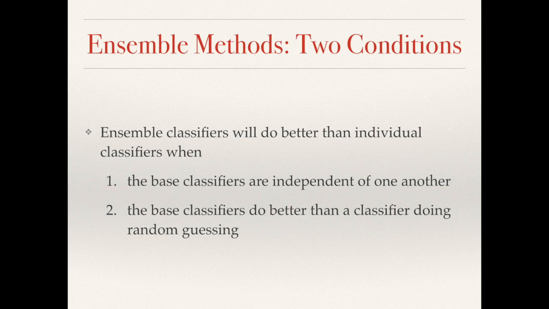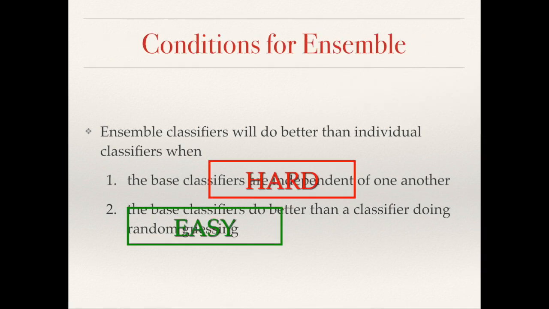So there are two requirements of the individual predictors we can use to make an ensemble or committee. That is, first, they must be predictors that provide some information about the target value, and this requirement is generally easy to meet. And secondly, all those predictors need to look at different aspects of the data so that their predictions are as independent of each other as possible.